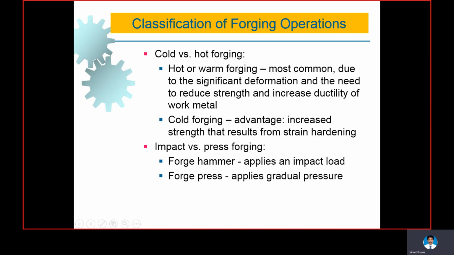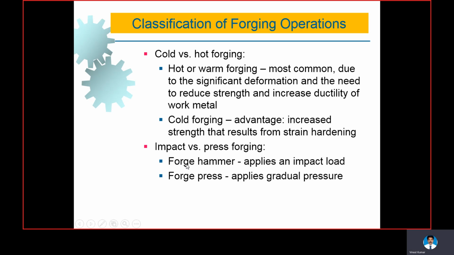Also, it increases the ductility. This is the advantage of the hot forging process, along with accuracy and finishing. Whereas in cold forging, done at room temperature, the advantage is that the strength will be very good and excellent, which results from strain hardening.